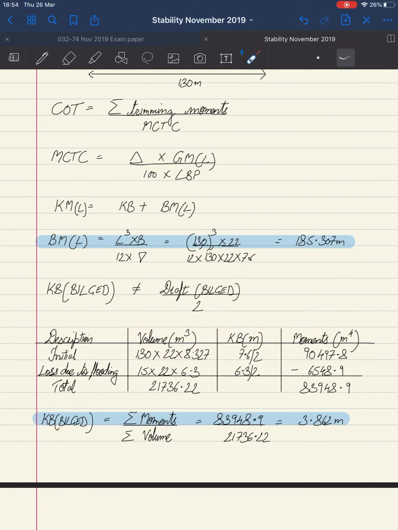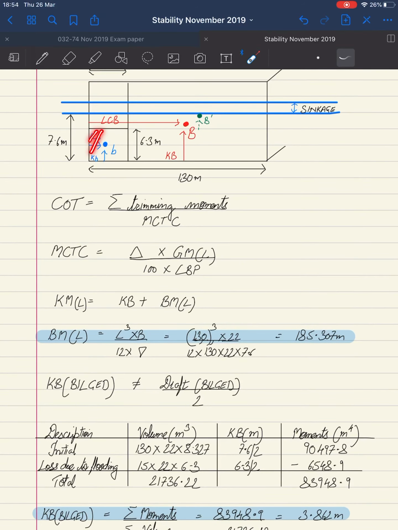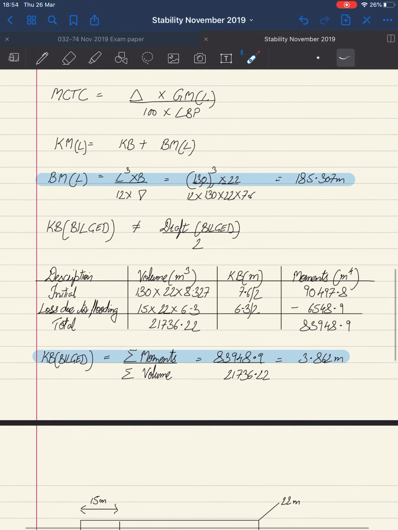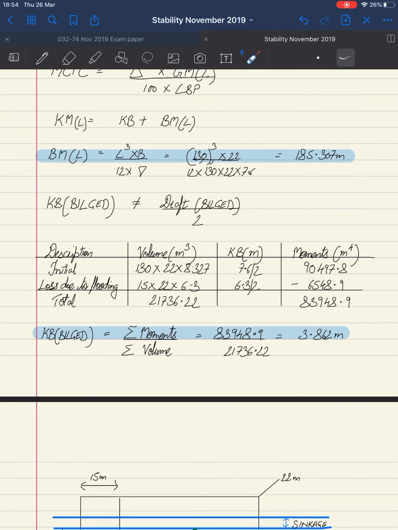Now I need to take the loss due to flooding, as this entire compartment has been flooded, so this needs to be taken out. This is not providing buoyancy anymore. The dimensions of the compartment are: length 15 meters, breadth 22 meters, and height 6.3 meters. And the KB is again half the height of the compartment.